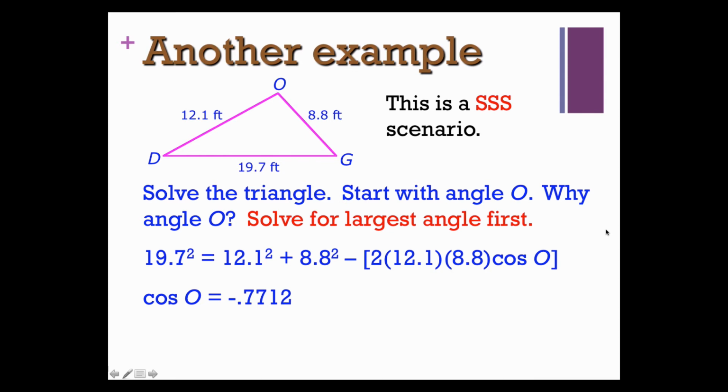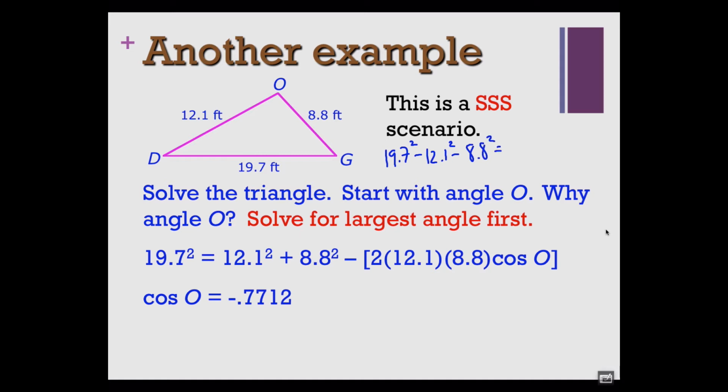I made a big jump there. Take these two and subtract them to the other side. So I'm going to do 19.7 squared minus 12.1 squared minus 8.8 squared.